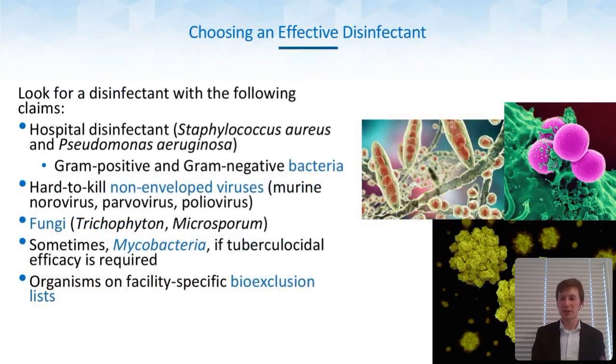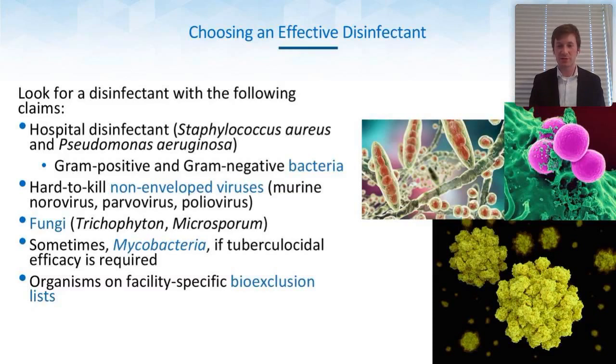So in terms of looking at disinfectant labels and choosing an effective product, there are a couple key things to look for. We want to choose a hospital disinfectant, and that means it's going to have Staphylococcus and Pseudomonas, which are basically our surrogates for representing gram-positive and gram-negative bacteria. We want examples of those hard-to-kill non-envelope viruses, so it could be things like norovirus, parvovirus, to show that it's effective against not only easier-to-kill viruses, but also the harder-to-kill viruses.